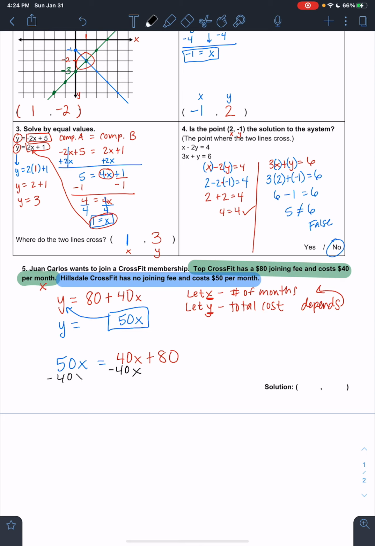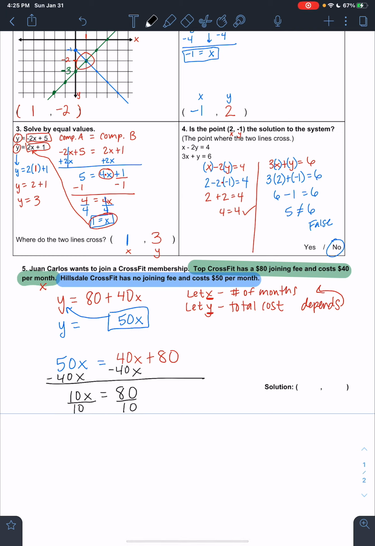The difference in their monthly cost is $10 a month. So now I'm asking, when does $10 a month end up equaling $80? Because I'm going to save $10 a month with Top CrossFit, but I've got this $80 joining fee, so that adds up. What we're looking at is how many months it takes to catch up.